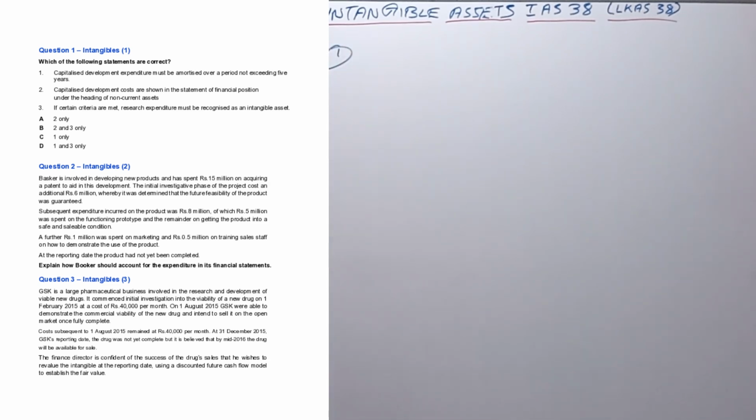Which of the following statements are correct? One: capitalized development expenditure must be amortized over a period not exceeding 5 years. That is wrong. Second statement: capitalized development costs are shown in the statement of financial position under the heading of non-current assets.